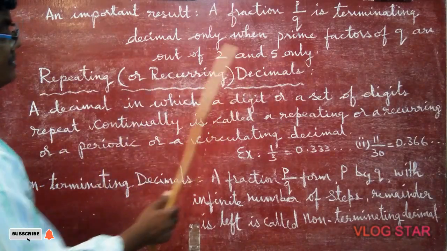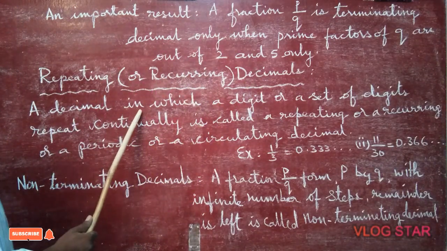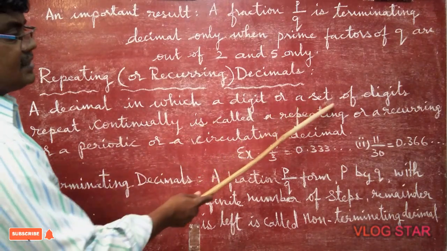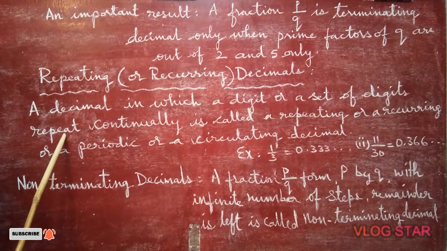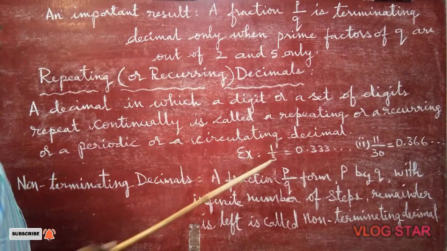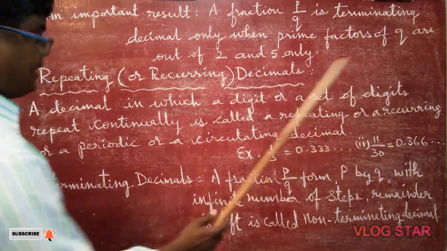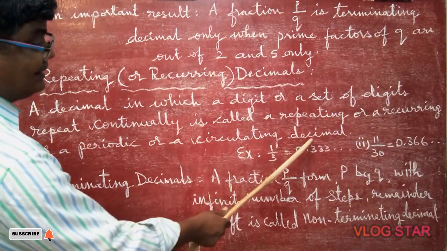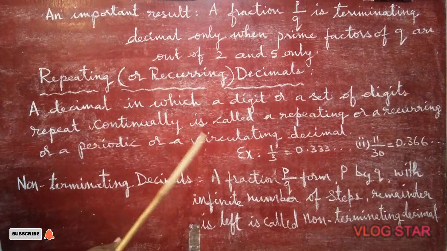Repeating or recurring decimals. A decimal in which a digit or a set of digits repeats continuously or continually is called a repeating, recurring, periodic or circulating decimal. These many names are there.